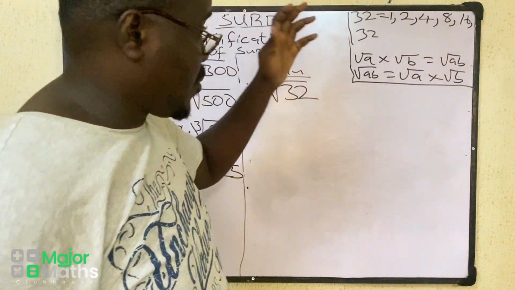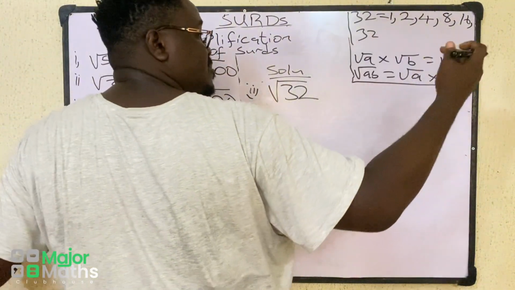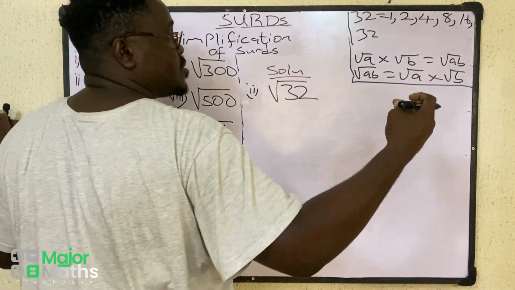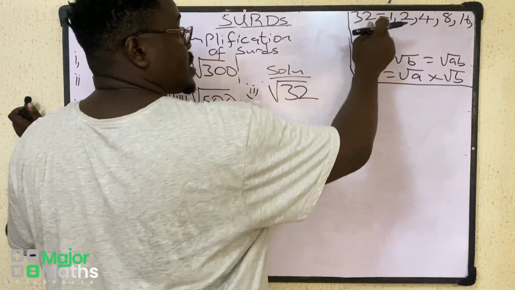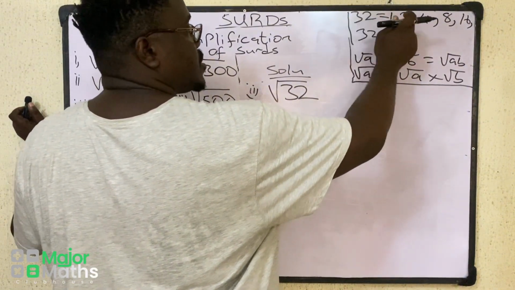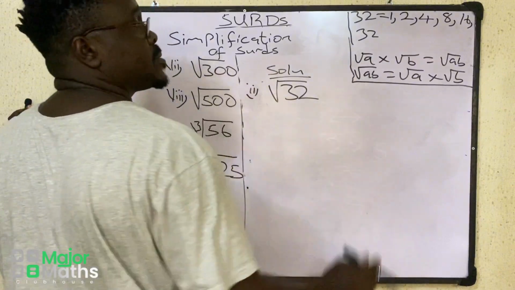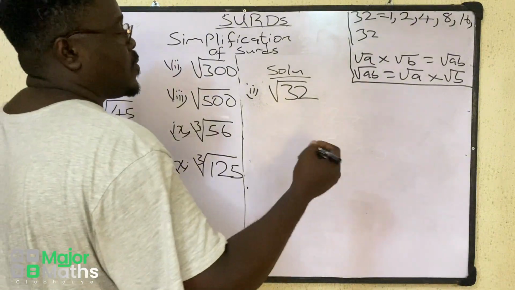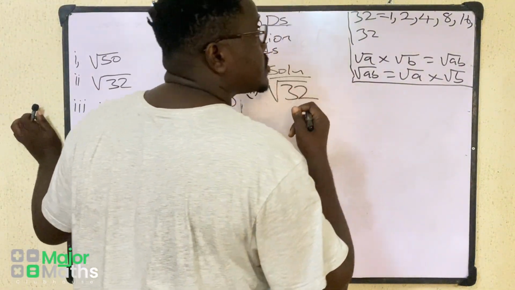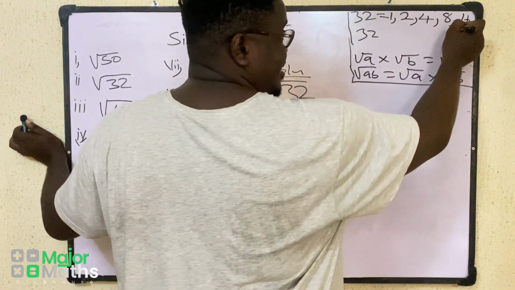To confirm that we have all the factors, we start from the extreme ends of the chain and multiply to give us this value. 32 times 1 is 32. 2 times 16 is 32. 4 times 8 is 32. As simple as that.